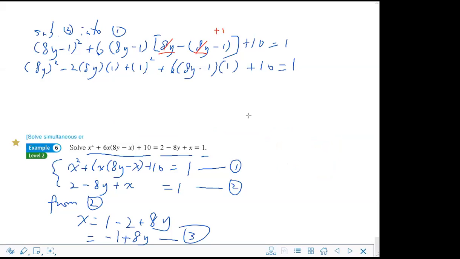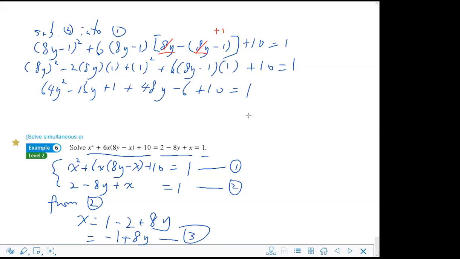And then you further expand this bracket: 64y squared minus 16y plus 1. And then this is plus 48y minus 6 plus 10 equals 1. Okay?